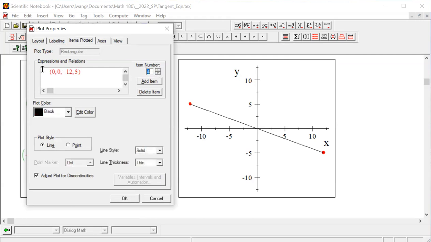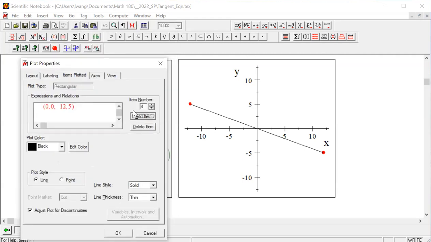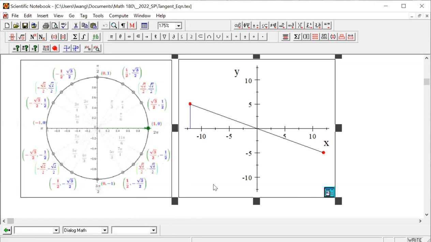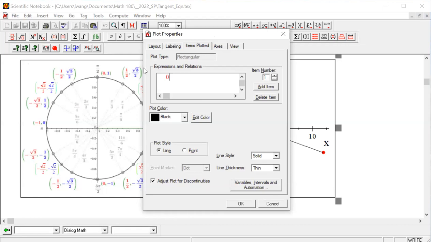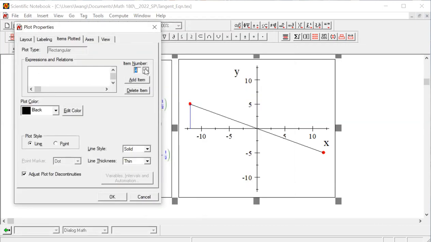Okay, so let's see. Over here, this should be the blue. Blue, give me the blue.